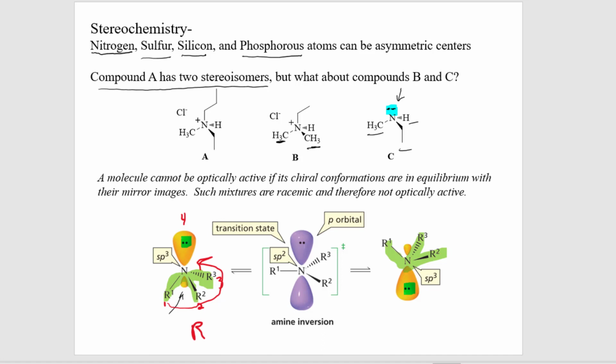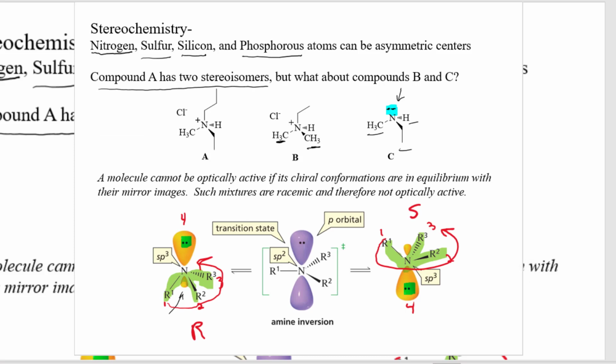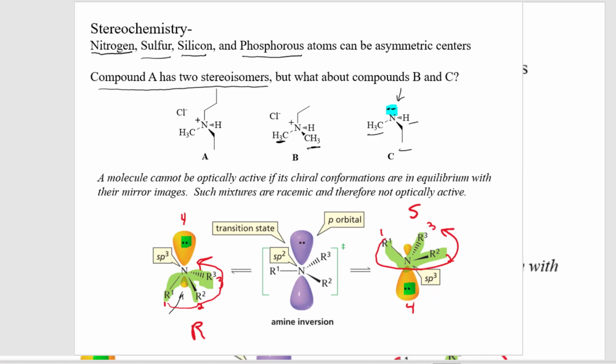After an amine inversion, the lowest priority group is down here now, and we're going 1, 2, 3. Now what do you notice about the group? Now it's going to the left, if you're looking at it from the top. So if it's flipping back and forth between them at all times, that means you're going to get a racemic mixture.